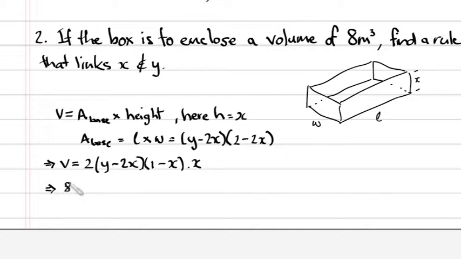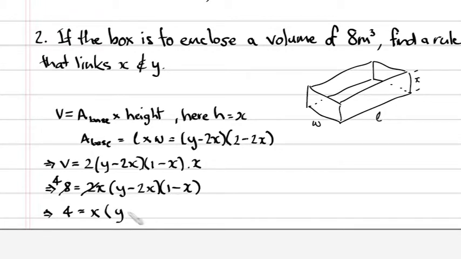Now if we substitute 8 for the volume, we get 8 equals 2 outside of Y minus 2X outside of 1 minus X times X. Now we can cancel both sides by a factor of 2, and that gives us 4 equal to X outside of, expanding the binomial brackets now, Y minus XY minus 2X plus 2X squared.